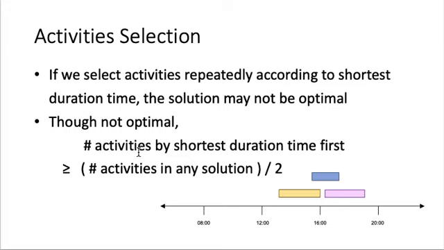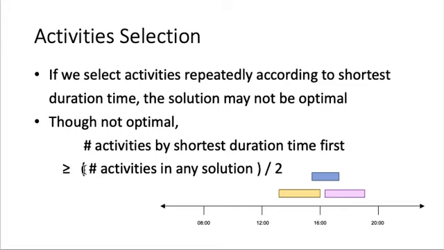But on the other hand, although this is not an optimal way of choosing activities, we can show that the number of activities selected by using the shortest duration time first, so we will repeatedly pick the shortest duration time activity again and again, then it's not that bad.